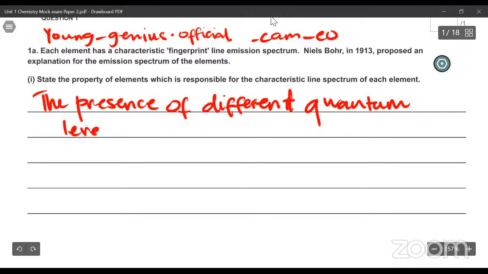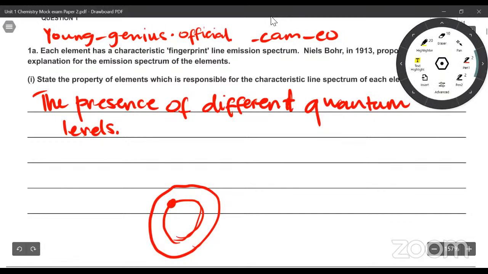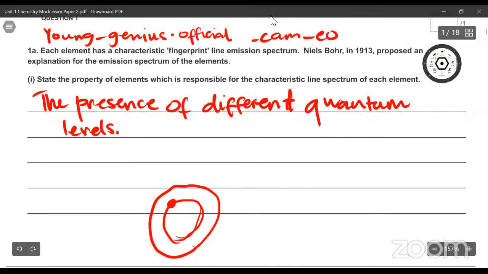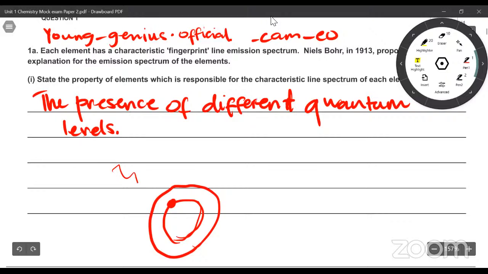All right, so what happens is, let me just draw a little diagram. Here's our atom. High energy photons of different wavelengths and frequencies will come in and be absorbed by this electron.